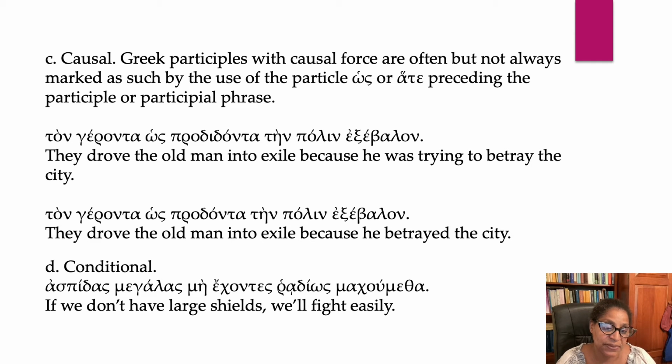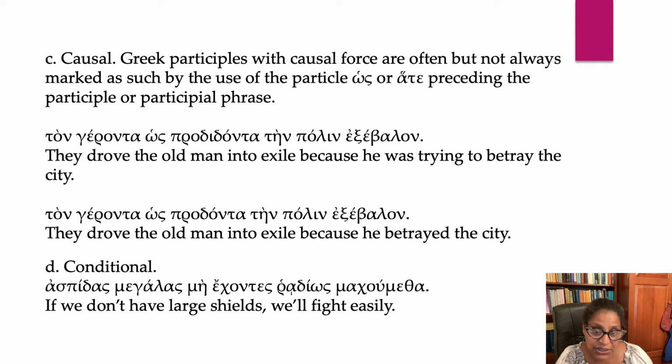Participles can be translated conditionally. Usually it's marked by the main verb being a future or a subjunctive or something like that. Another way it's marked is by the negative. If the participle has ou as its negative, as we saw in the previous slide, then the participle represents an indicative.